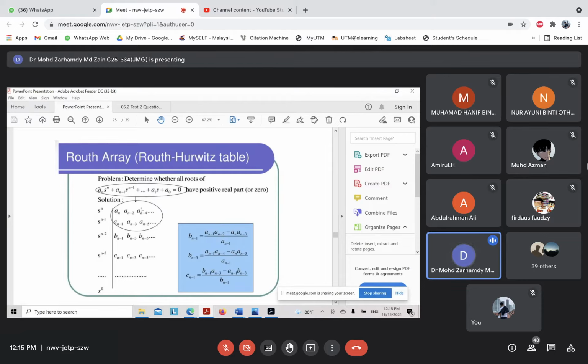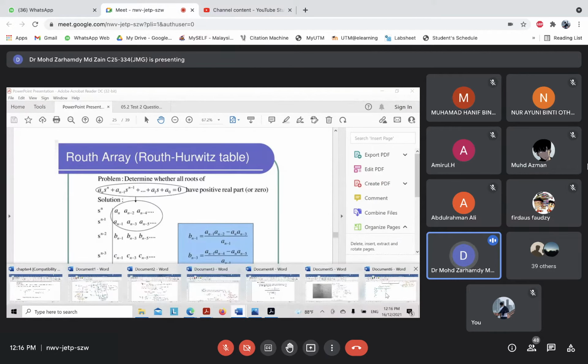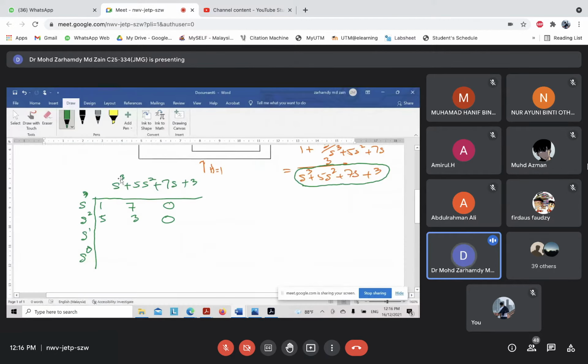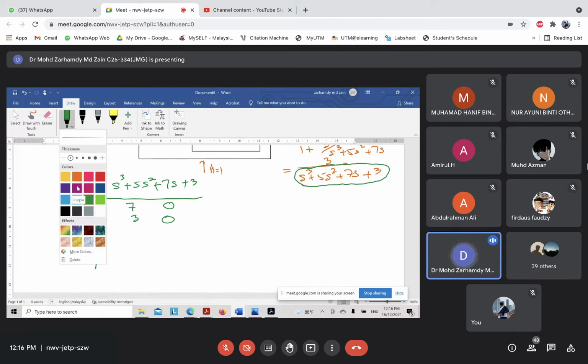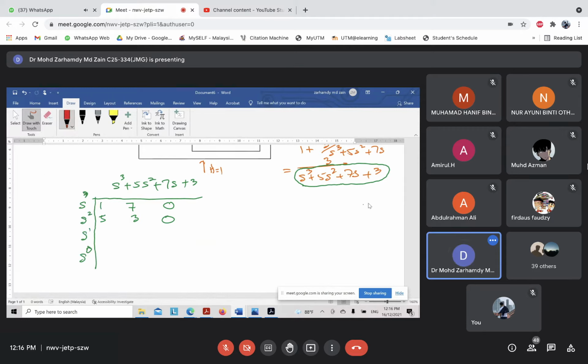But A_(n-4), n is 3 minus 4, we don't have this. Okay, we ignore that. That's why if you can see our example, we only have A_n here, and also this A_n. Okay, let me write it.